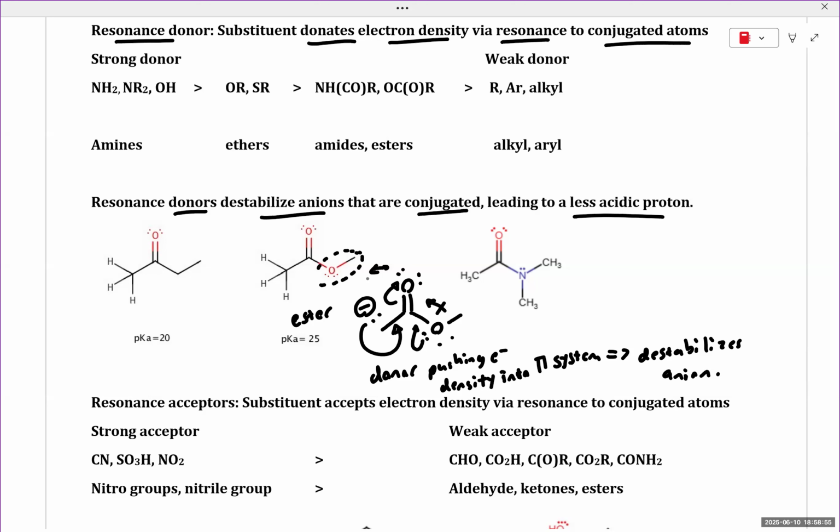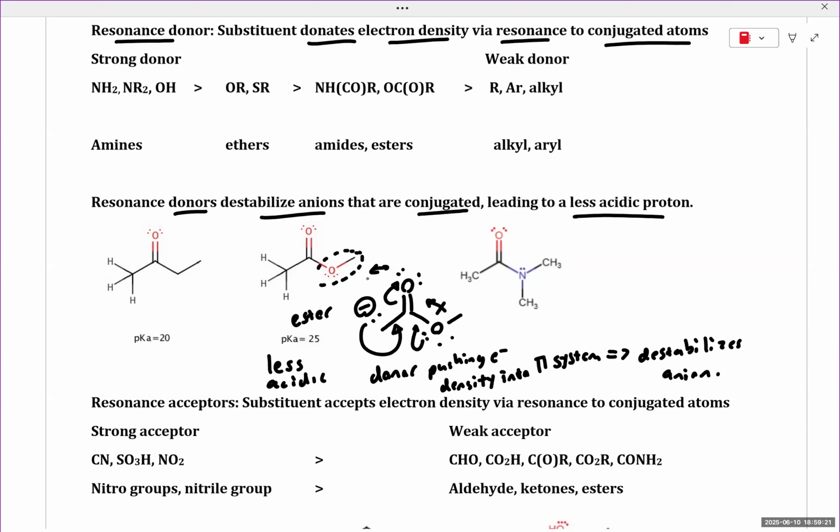It's almost like the opposite idea to why inductive withdrawing groups increase proton acidity. In this case, we have this electron-rich conjugate base anion, and we're continuing to shove electron density into our pi system. This destabilizes our conjugate base anion, and as a result, it makes this proton less acidic.